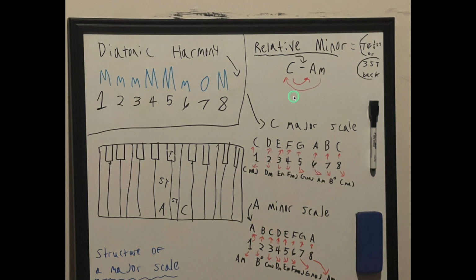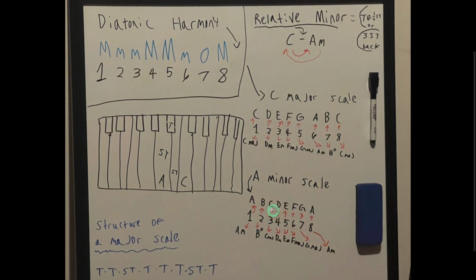Okay, but the reason that it's called the relative minor is because it will have the same exact notes, just in a different order. Like right here, for C major scale, we have C, D, E, F, G, A, B, C. And for the A minor scale, you guys haven't learned the structure for A minor scale, but we'll talk about that after we do the circle of fifths and all that.